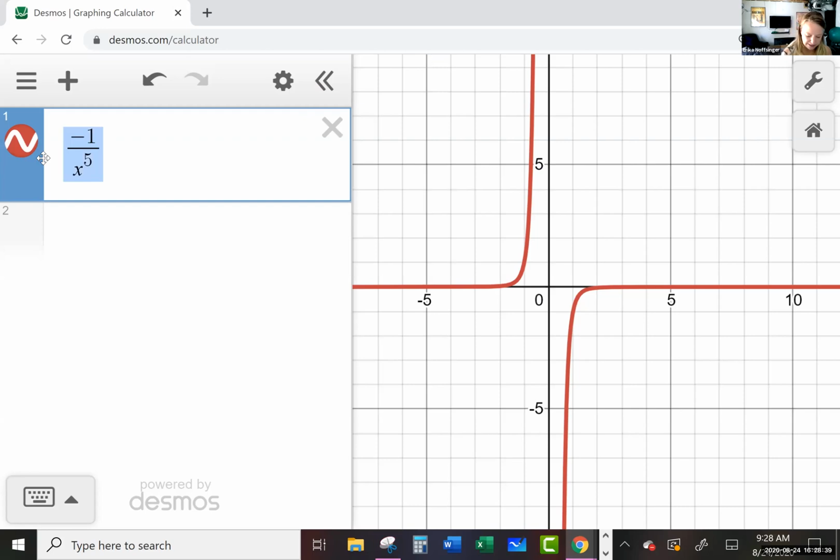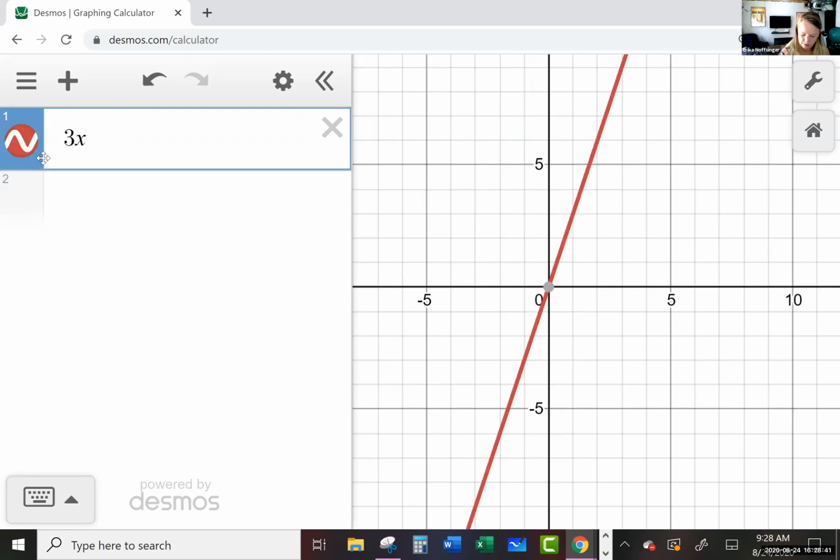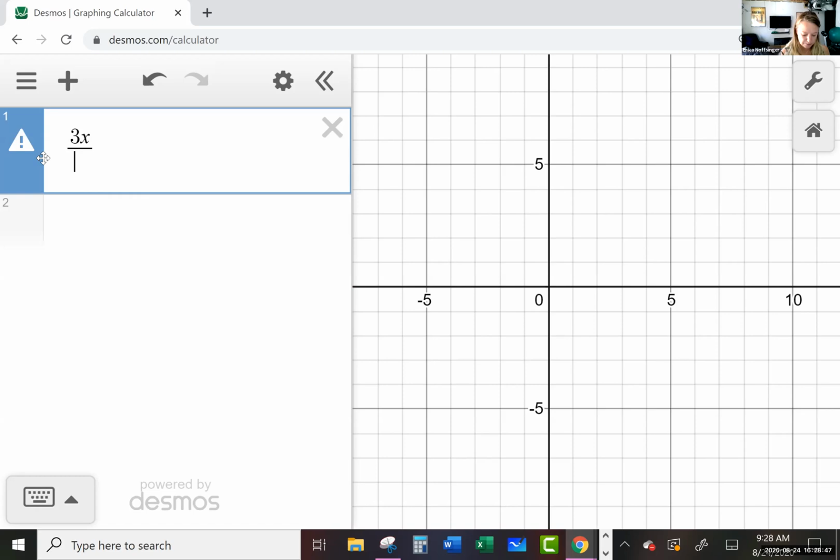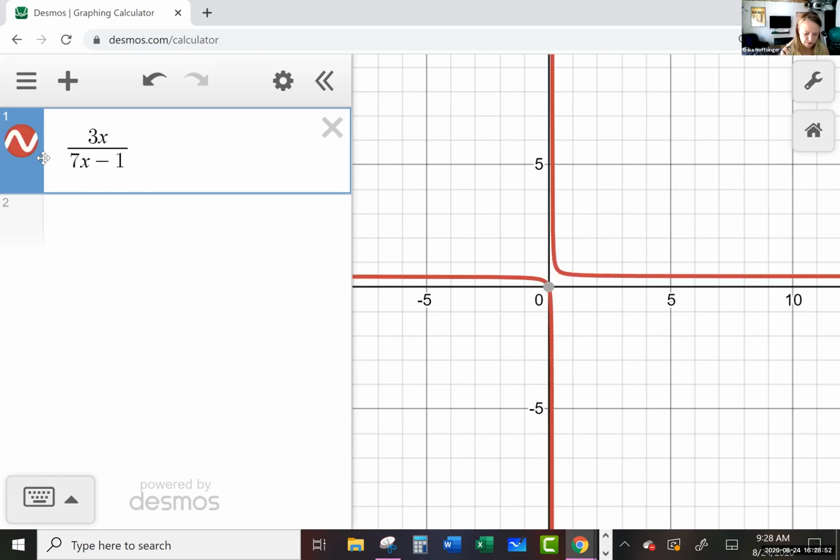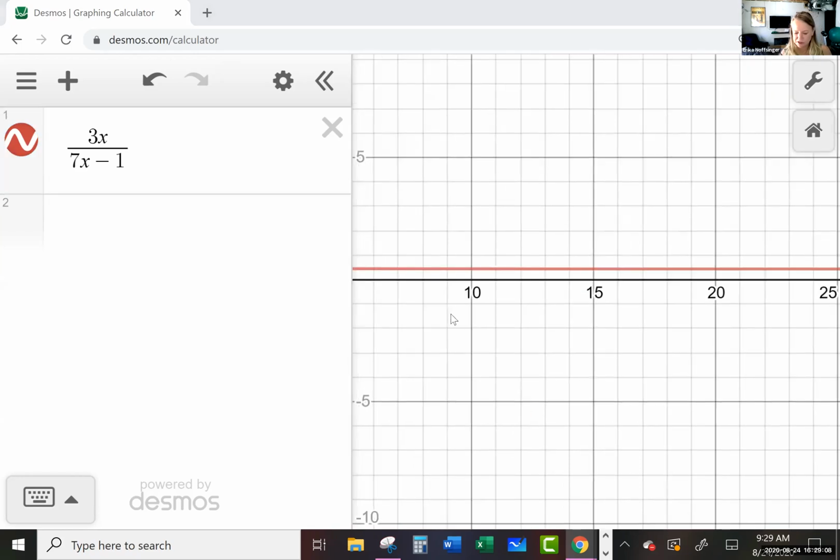So we had 3x divided by 7x minus 1. Okay, so as x is going to infinity, I can plug in points right here. I get 0.447 as I get way out here, still getting closer and closer. Looks like a horizontal line.